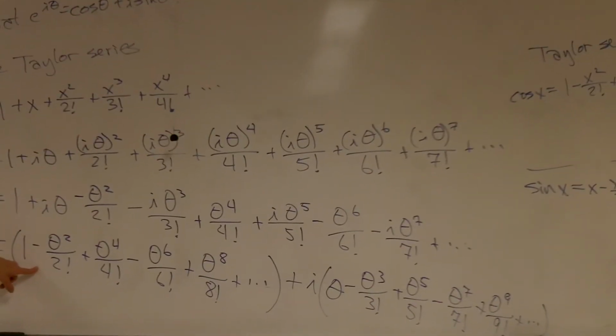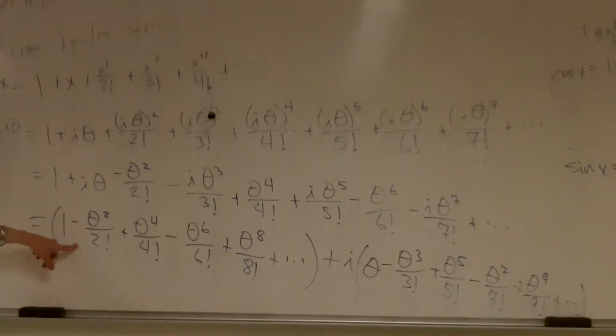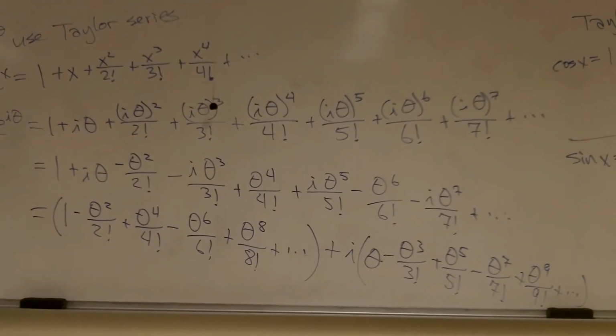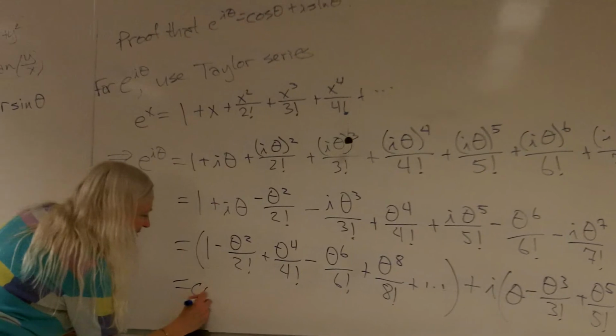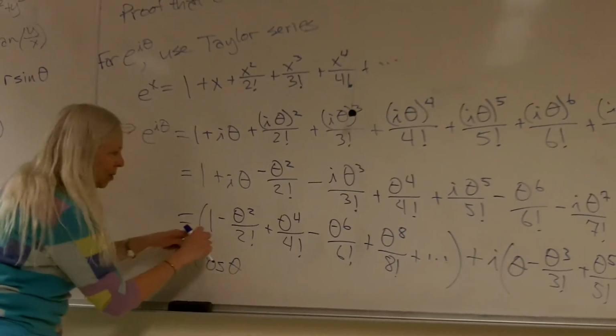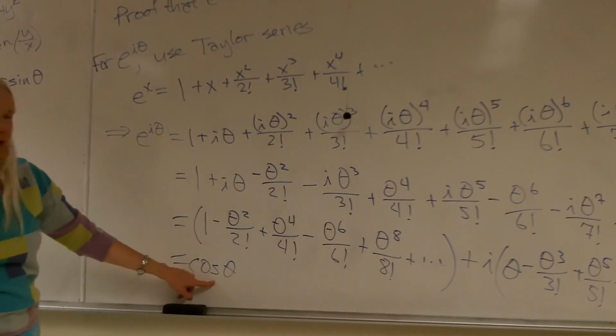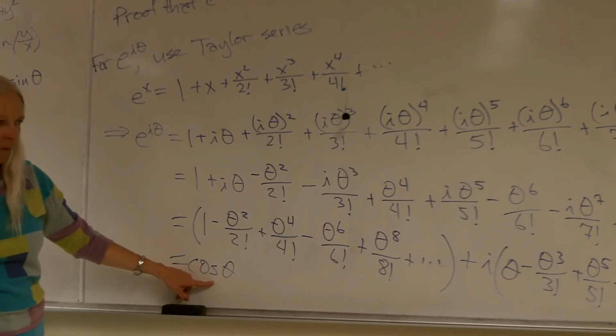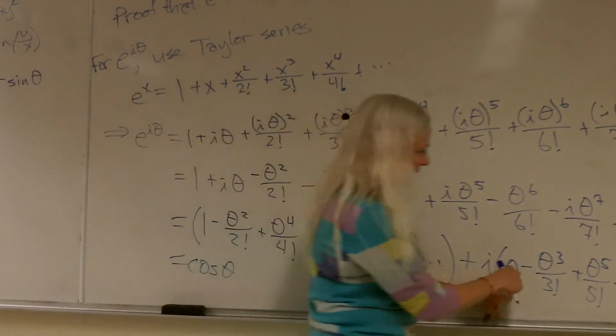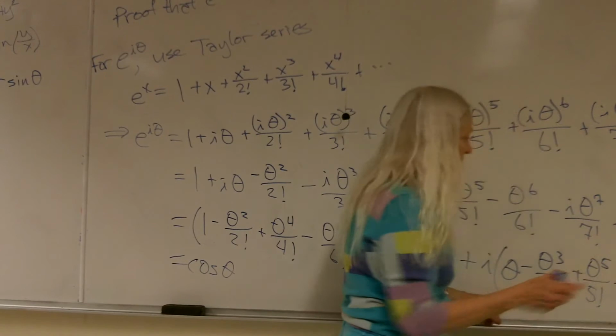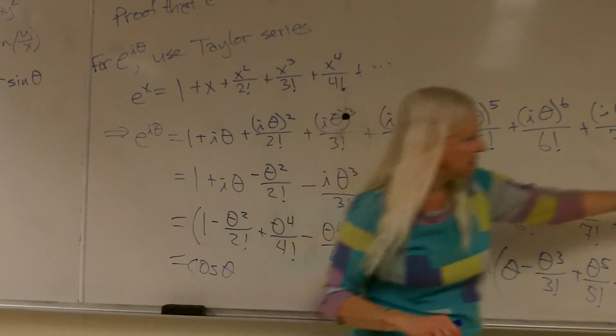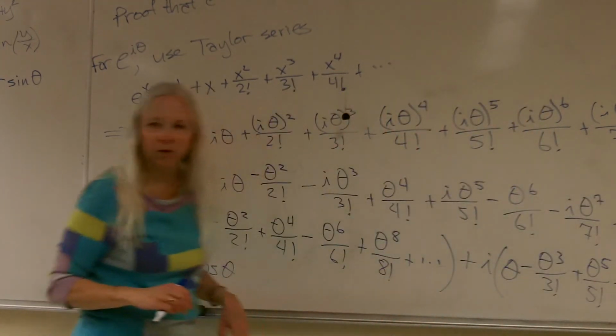Well, gee, doesn't that cosine one look like this? Except x is replaced by theta. So in other words, this first term in parentheses right here is the Taylor series for cosine theta. And this thing in parentheses right here, except again that x is replaced by theta, looks exactly like the Taylor series for sine theta.